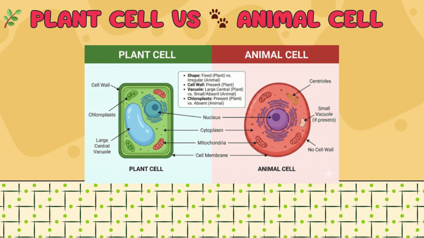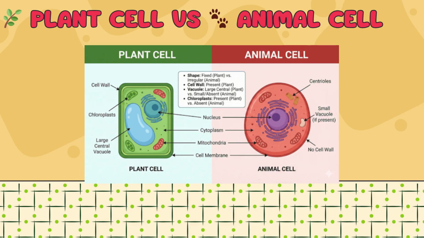It will contain a chloroplast and it will have a large central vacuole. That's another thing you can use to identify a plant cell. They are also usually much larger than animal cells, but on a piece of paper, they don't really show sizes.